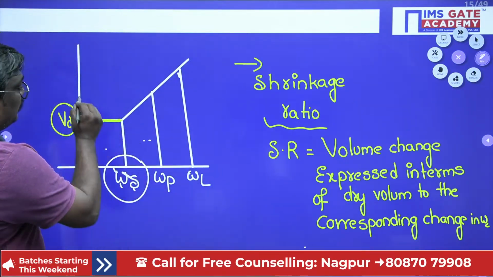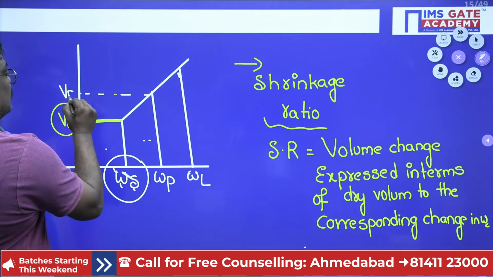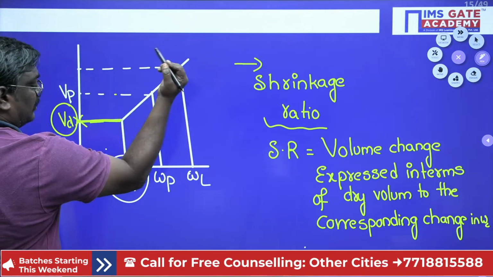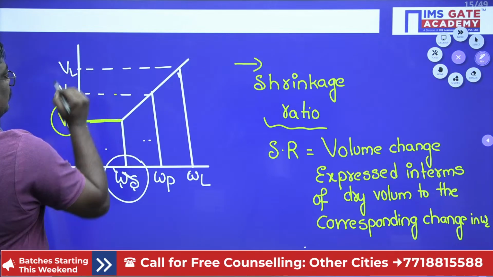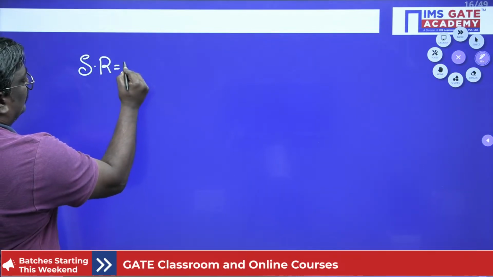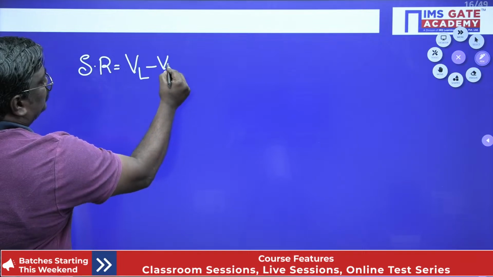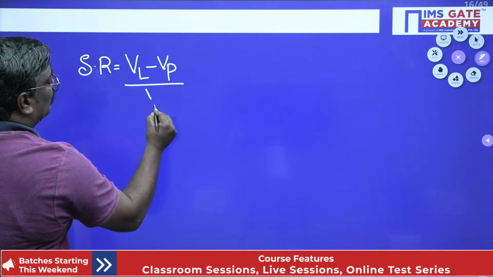Suppose I consider the volume at plastic limit as Vp, and the volume at liquid limit as VL. Shrinkage ratio is defined as the change in volume, so change in volume is VL minus Vp, and this should always be expressed in terms of dry volume.